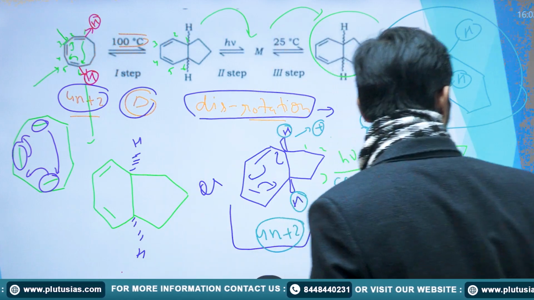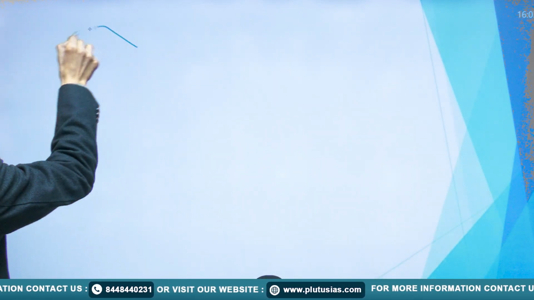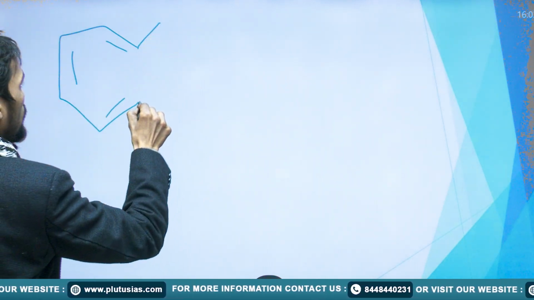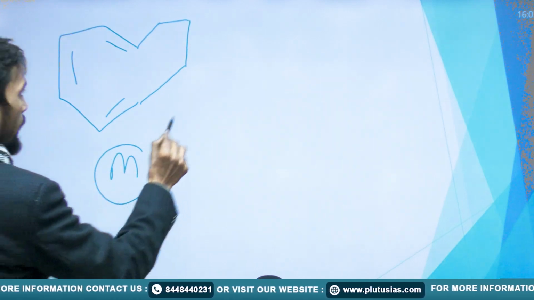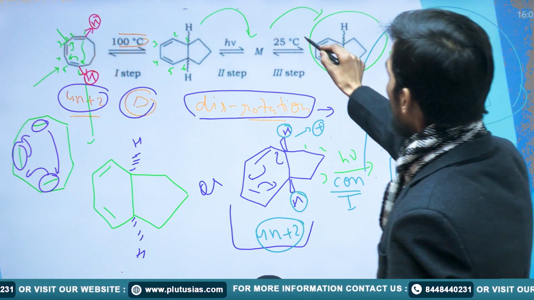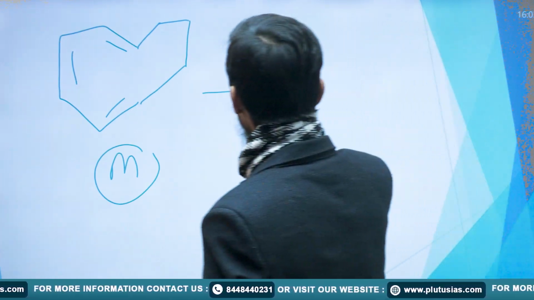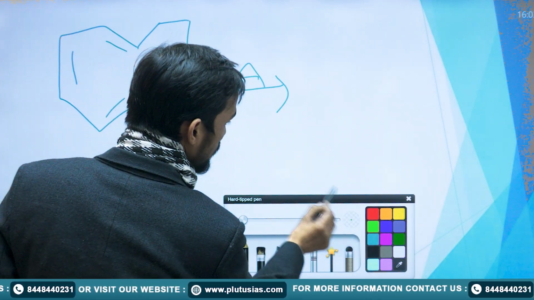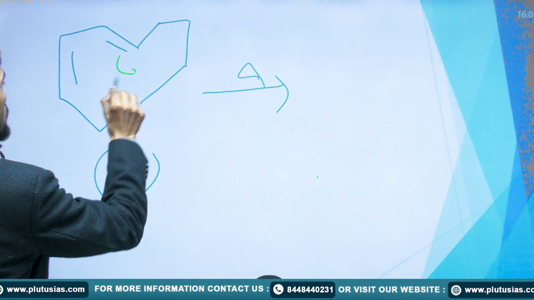Now with the M, it is better if we take this M on the next page. Let's say this is our M, and with M also we are given within the question again delta condition, which means heat. 25 degrees C means delta. So again the ring closing takes place as it is being shown like this.